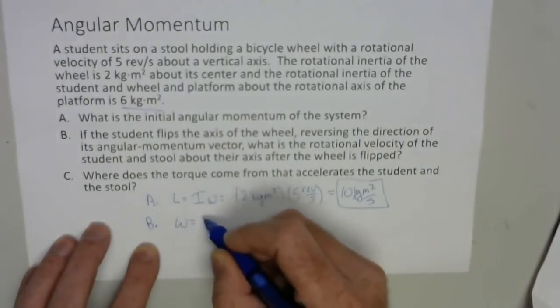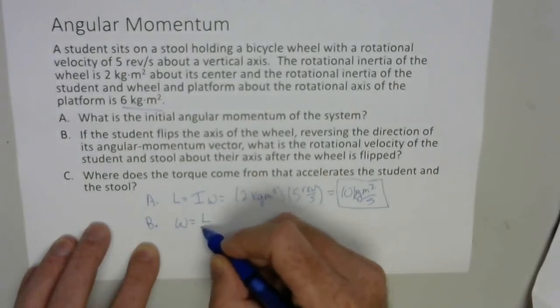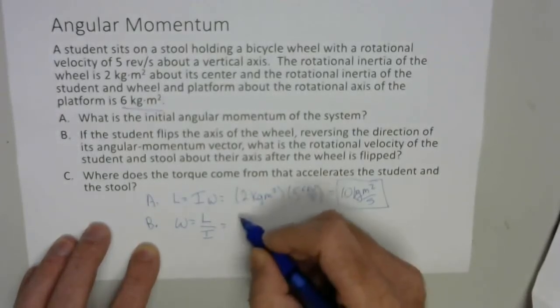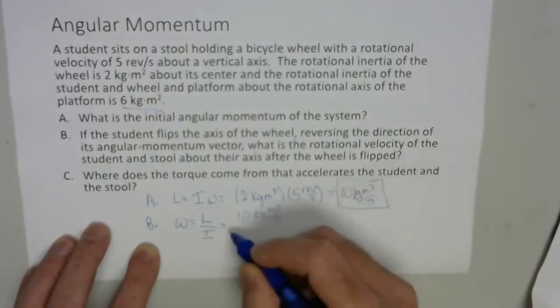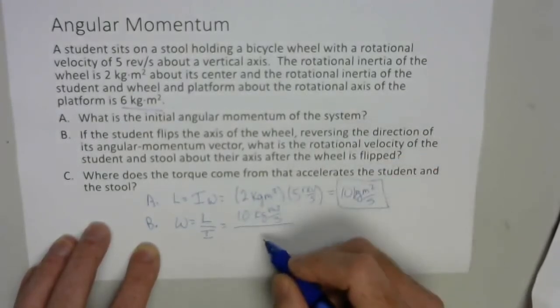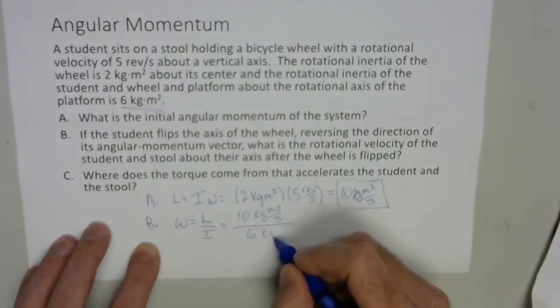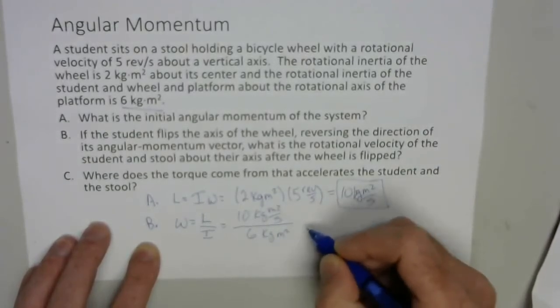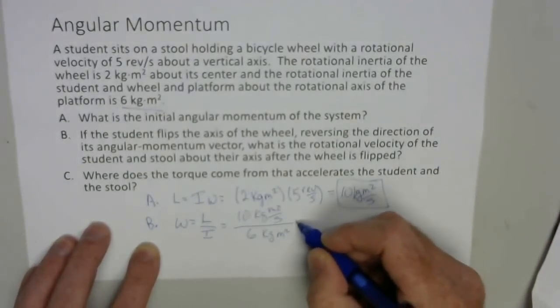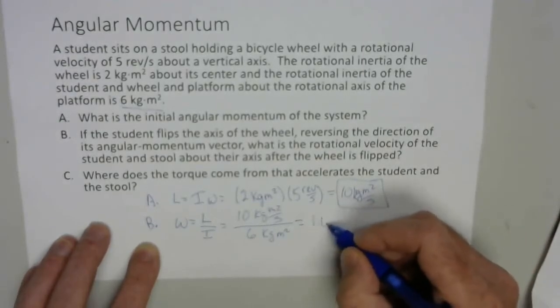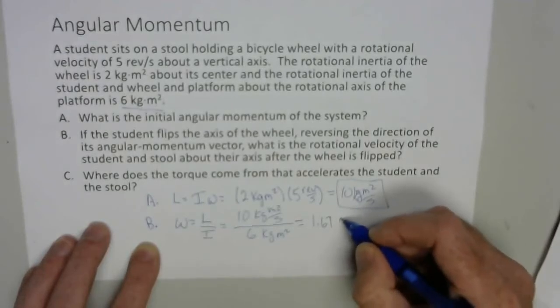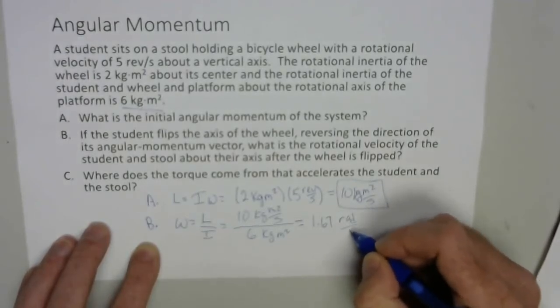So that's going to equal the momentum divided by the inertia. So it'll be 10 kilogram meters squared per second from the previous problem, divided by the inertia of 6 kilogram meters squared. And then what we get is 1.67 radians per second.